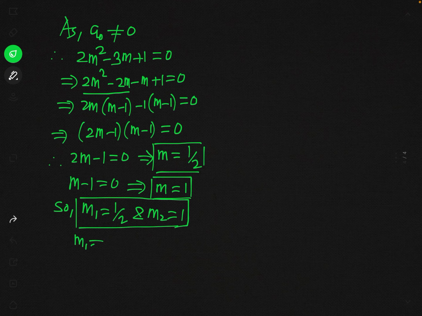You can see here m1 and m2 are not equal, and the difference of m1 and m2 is not equal to an integer, because that will be in fact 1 by 2, that is a fractional number. So the first case which we have discussed in the general instruction will be adopted to get the solution of this equation.